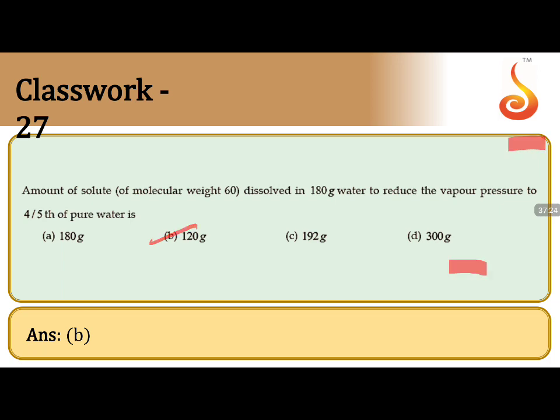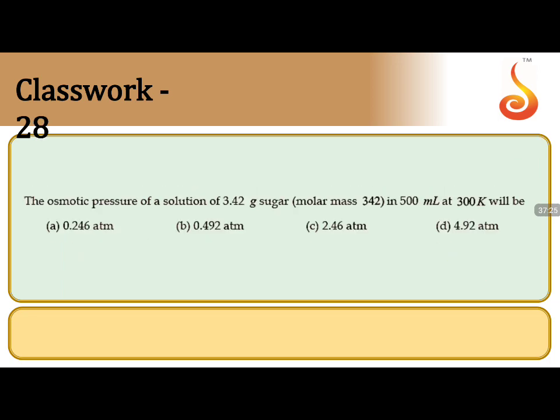Moving to 28th question now. Osmotic pressure of a solution of 3.42 grams of sugar in 500 ml of solution. So what is the formula for osmotic pressure? Pi is equal to W by M into RT by V. This is your formula, where W is given 3.42 by 342 into R. I can take approximately the value of R as 1 by 12.